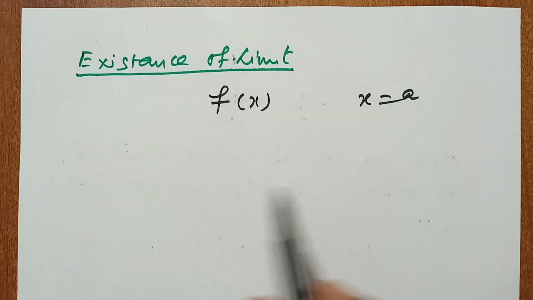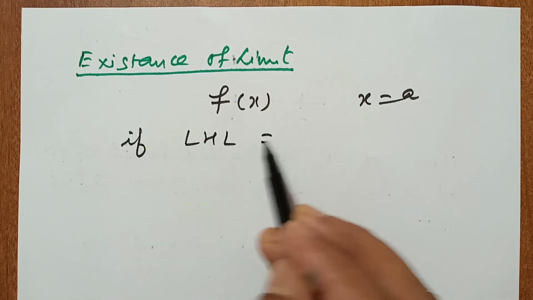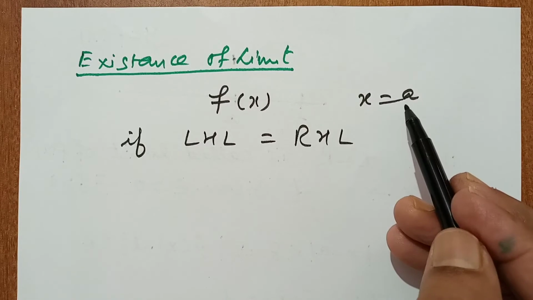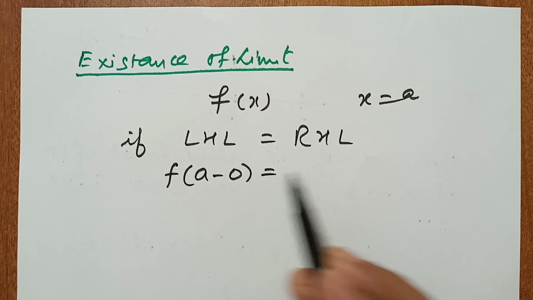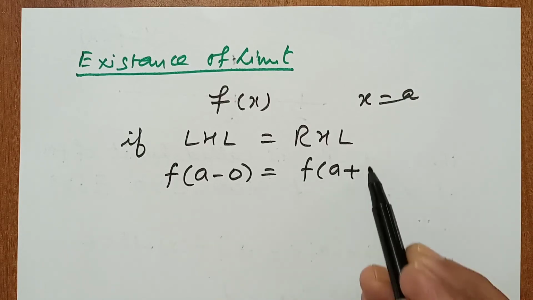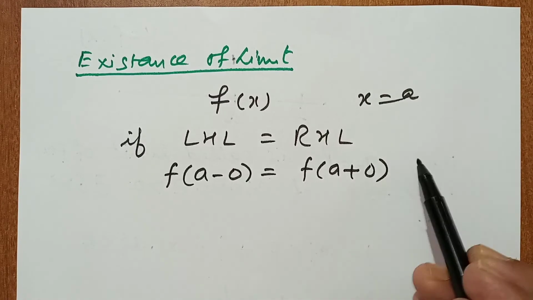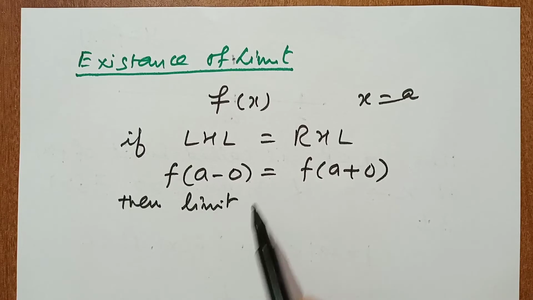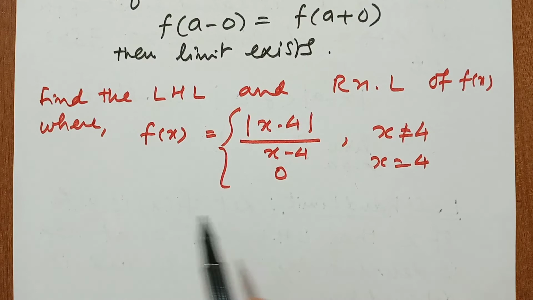If the left hand limit is equal to the right hand limit, then the limit exists at x is equal to a. It means f(a minus 0) is equal to f(a plus 0), then we say the limit exists.